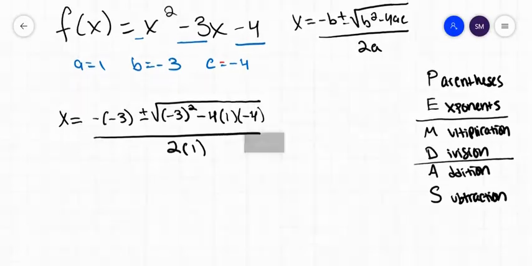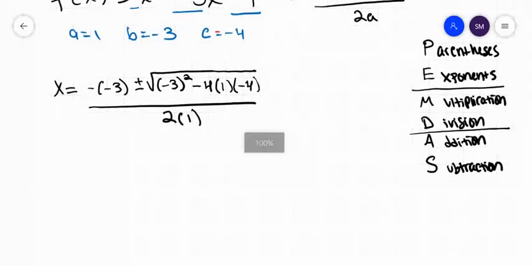So now I'm going to use that order of operations to evaluate the expression for my quadratic formula. So I don't really have any parentheses. I only have parentheses that are representing multiplication, but I don't have any separate groupings that I need to look at first. So I'm going to move on to my exponents.